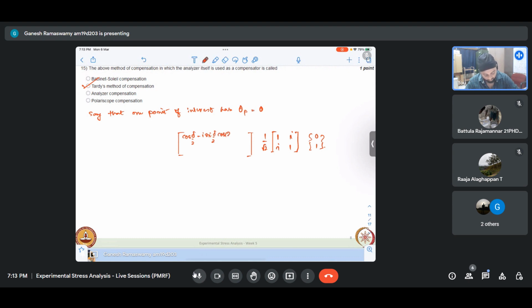So cos 0 is 1. So essentially this matrix will water down to cos delta by 2 minus i sine delta by 2. This will be 0 because it has sine 2 theta components, and this will be the same.